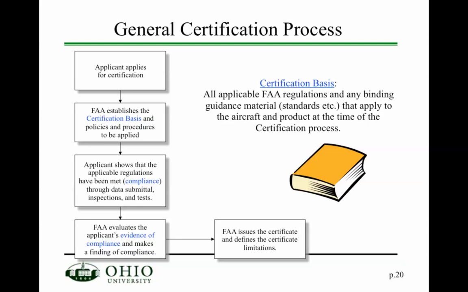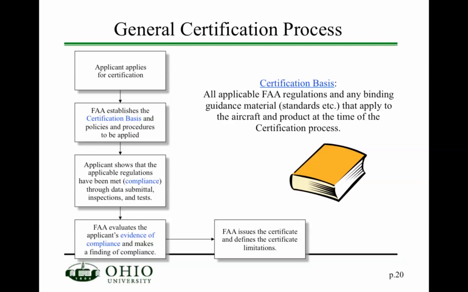Okay? So then the applicant needs to show that everything he has done designing this aircraft complies, and complies here is read as in technical agreement with these regulations. For this they have to submit evidence, they have to submit data, they have to allow the FAA to do inspections, they have to submit data on tests, and they have to let the FAA see some of these tests.